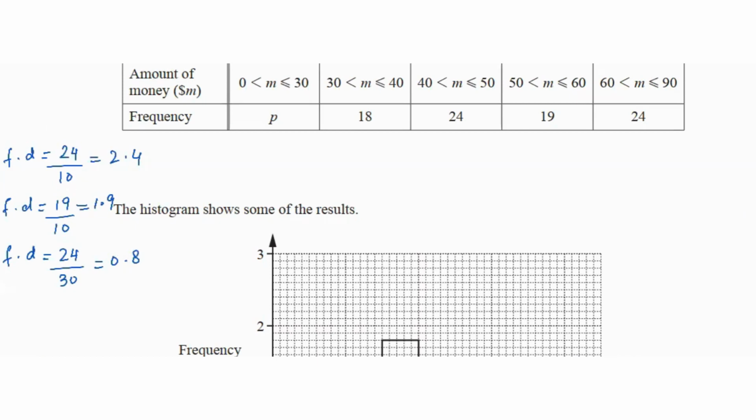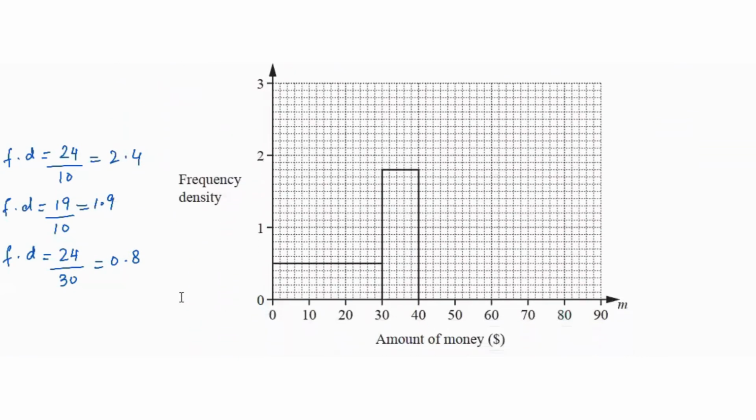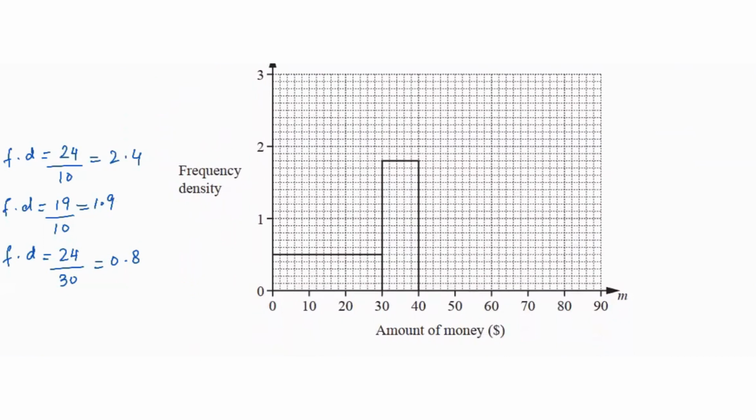So we're going to mark these over here. For 2.4, that's going to be 1, 2, 3, 4. Just going to draw a line over here first. So that's from 40 to 50. This is 2.4.